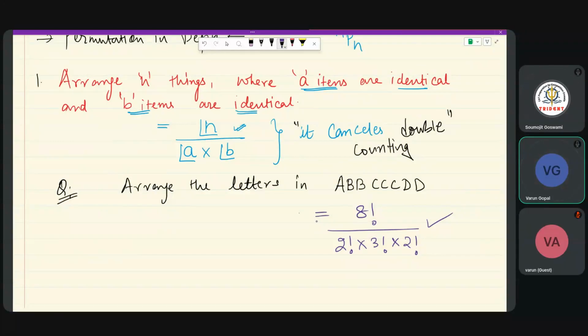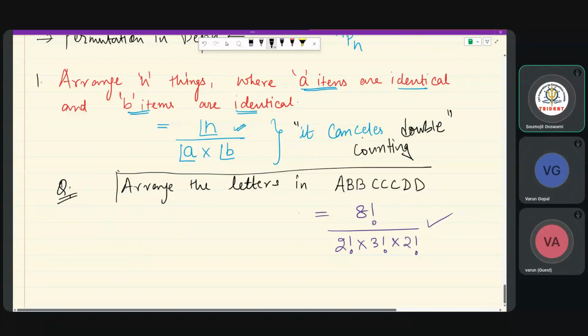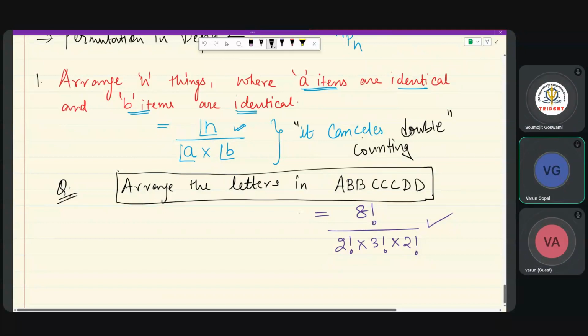This is similar to the Mississippi question. Every time it comes. Sort of, but the problem over here is a different thing. What I'm trying to explain is that suppose I arrange A, B1, B2, C1, C2, C3, D1, D2. Suppose all the alphabets are different. How many arrangements can be done? Suppose I'm just doing the first 3 arrangements.